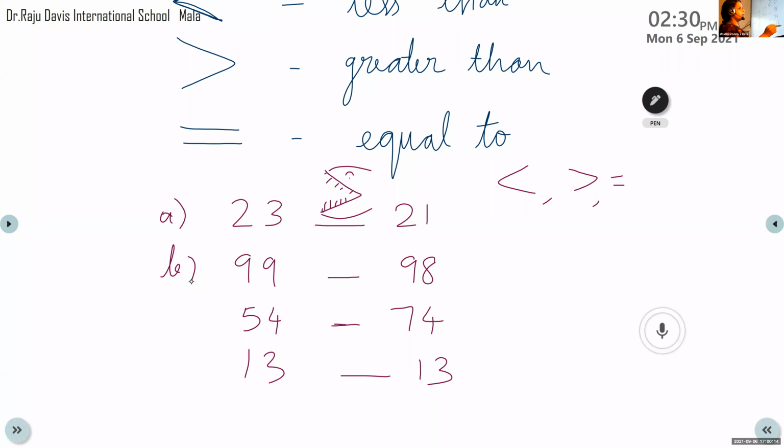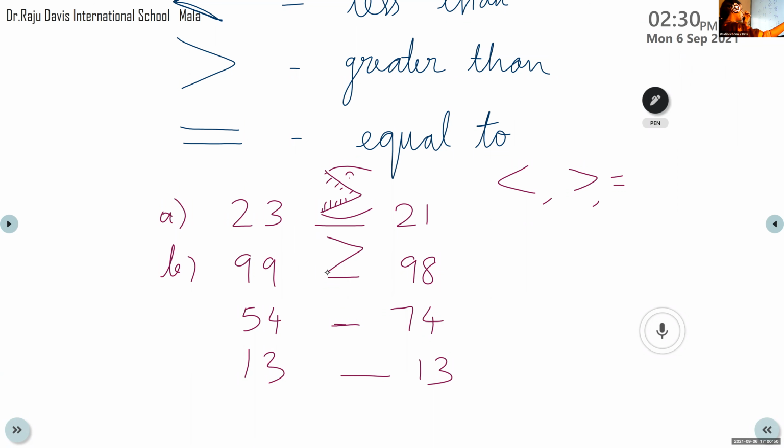99, 98. Parvati, which symbol will we use here? Greater than. 99 is greater compared to 98. So its mouth will be open to the largest number. 99 is greater than 98.